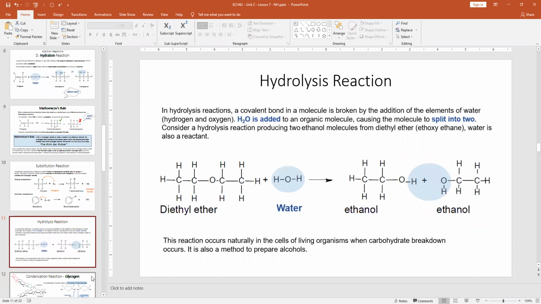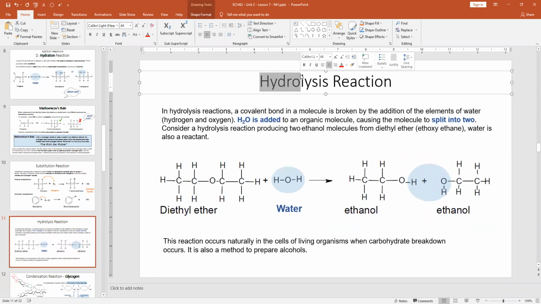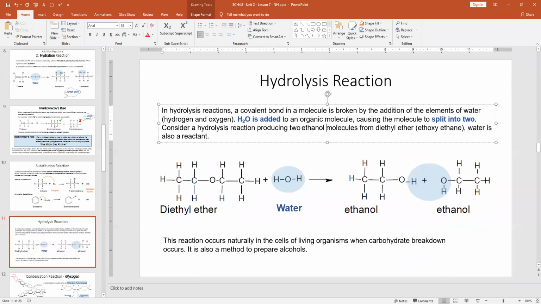Then we talked about substitution reactions. We talked about hydrolysis reactions. We discussed what hydrolysis means. Well, if you break it up, the word hydrolysis means hydro, water, lysis, breaking. So in hydrolysis reactions, a covalent bond is broken by the addition of water, by the elements of water, the hydrogen and the oxygen.